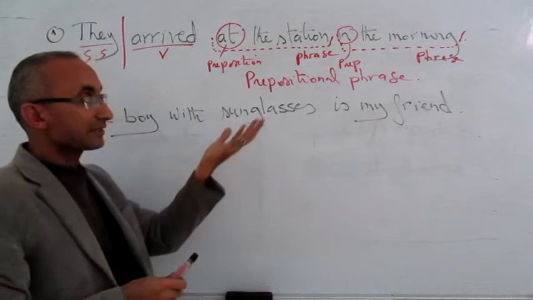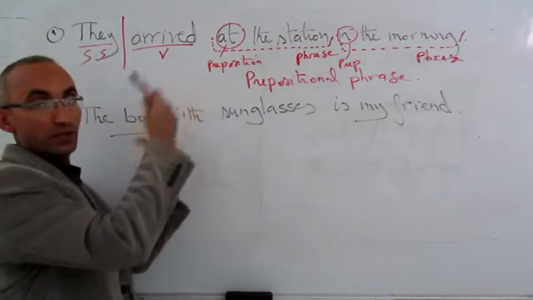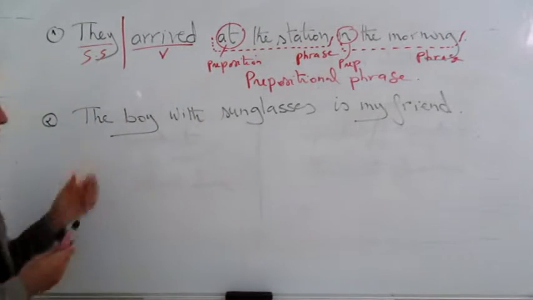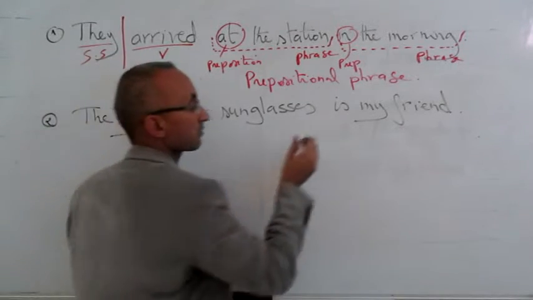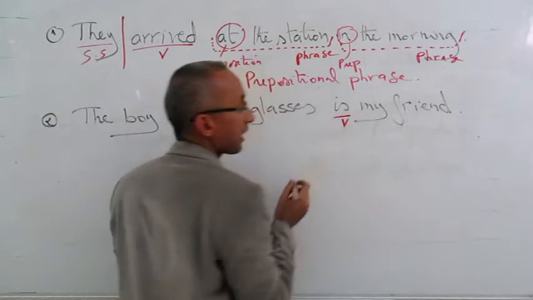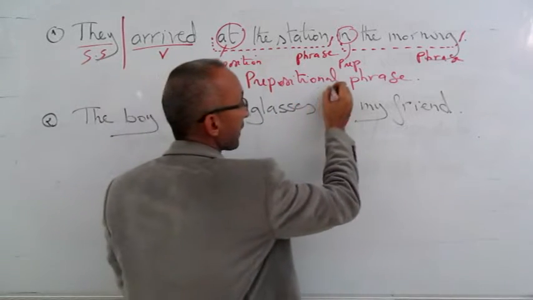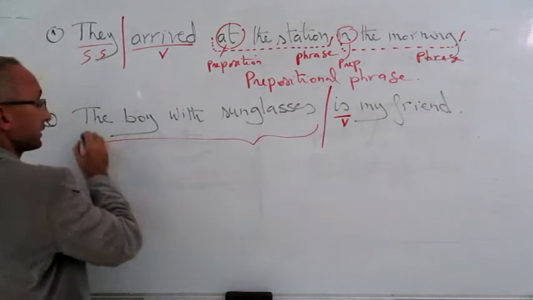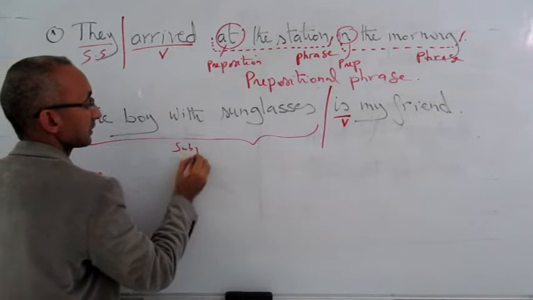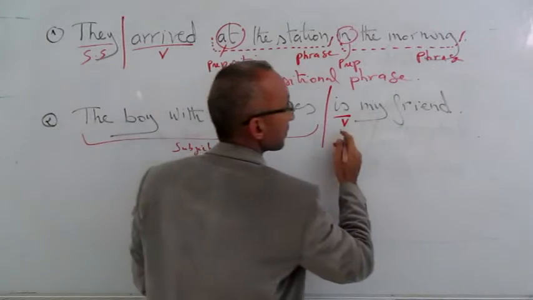Now let's look at our second example and compare between the two sentences. The boy with sunglasses is my friend. Is my verb of the sentence. So I put my slash here to divide my subject, which is complete here, from my predicate.